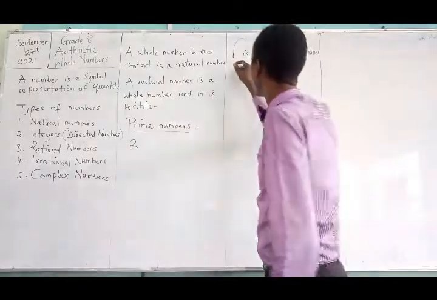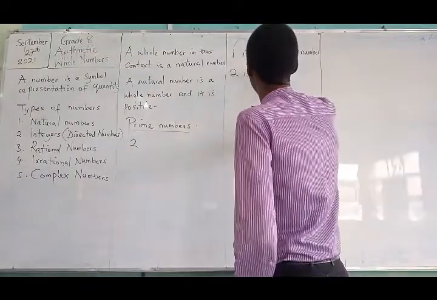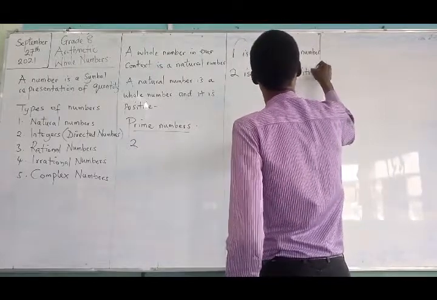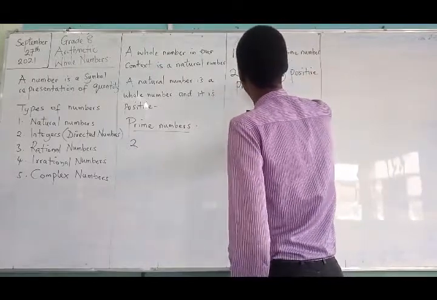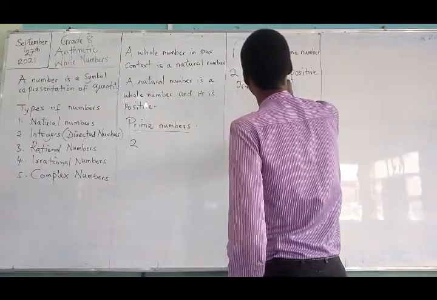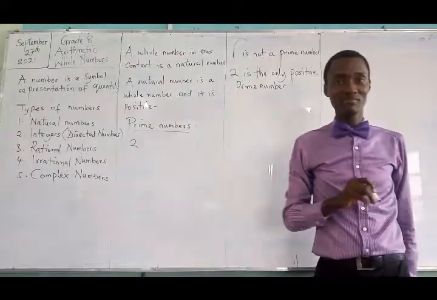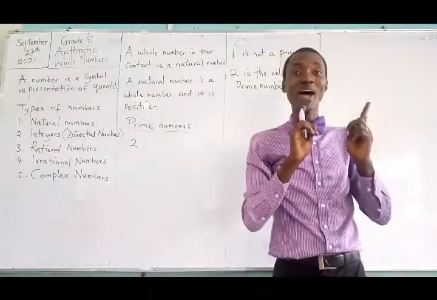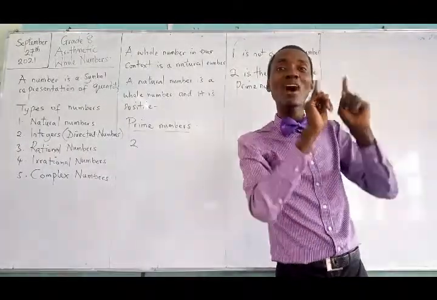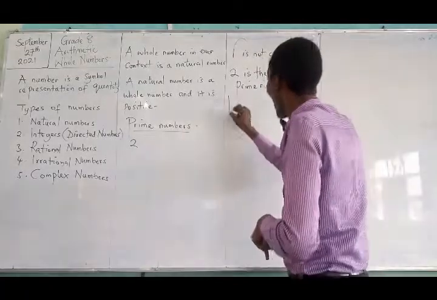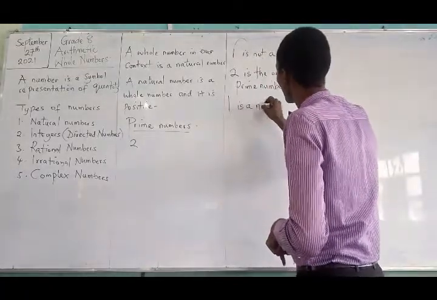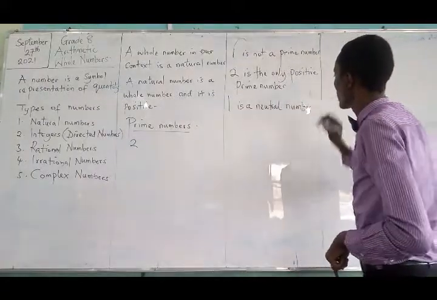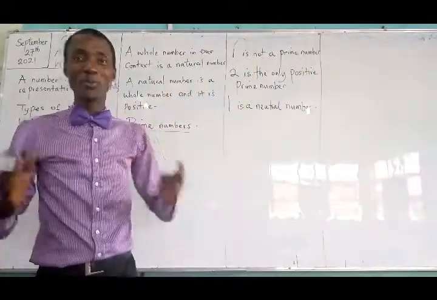Hear this. 2 is the only even prime number. So if 1 is not a prime number, what then is 1? 1 is simply a neutral number. So add another piece of information: 1 is a neutral number.